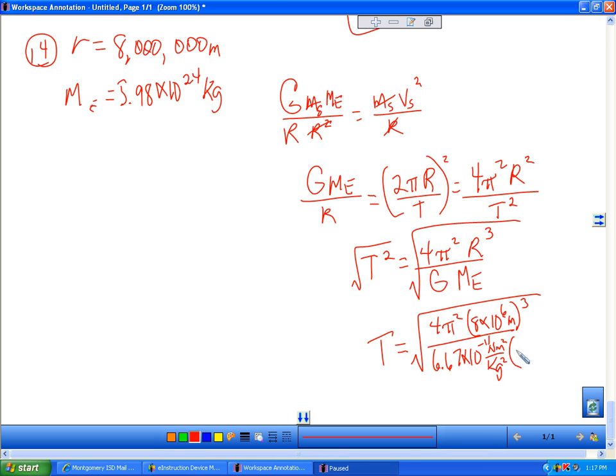And my mass of the Earth is 5.98 times 10 to the 24th kilograms. So when I did all of that, I got my period to be 7,120 seconds, which is very close to 2 hours.